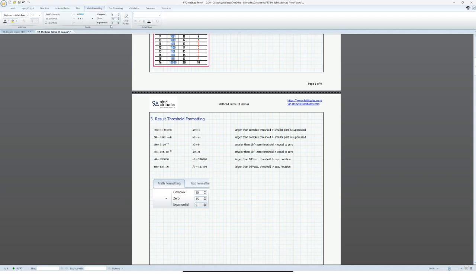It's smaller than 10 to the 6th. But if I decrease the value, you see the results will be converted. So this is a new feature that allows the formatting of results. Okay, I will send this worksheet to all attendants so that you can play a little bit with this feature.